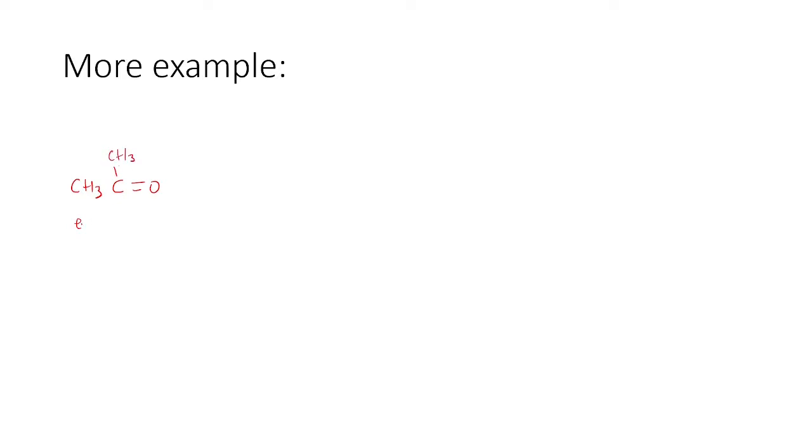CH3. So this is actually propanone, because it has 3 carbons. 1, 2, 3 carbons. And react with 2,4-dinitrophenylhydrazine. Okay, the structure here I remember because I didn't forget it.